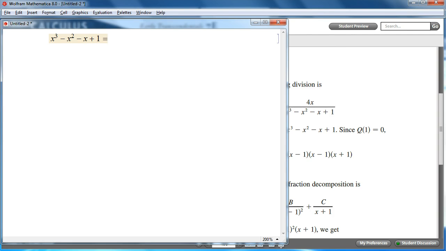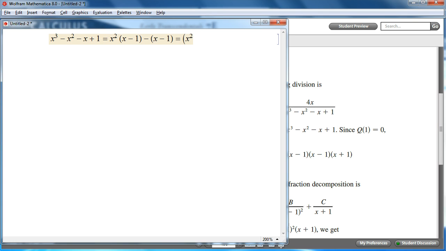First group, we have common factor x squared. So x squared and x minus 1, that comes from the first. And a minus x minus 1, that comes from the second. So x cubed minus x squared is this one, and then minus x plus 1 is that one. And then I have common factor x minus 1.